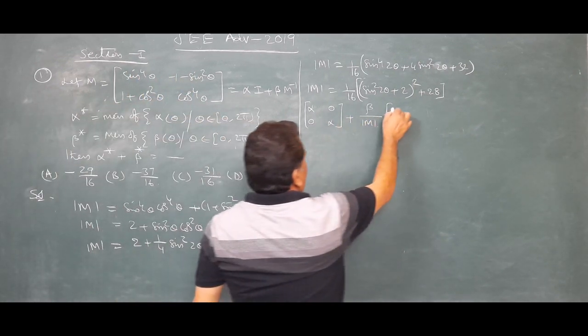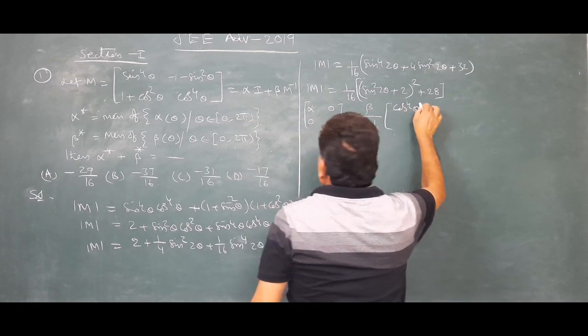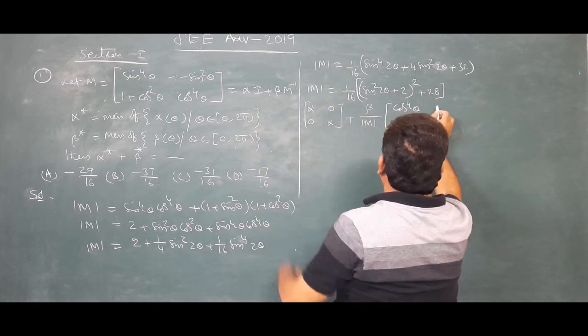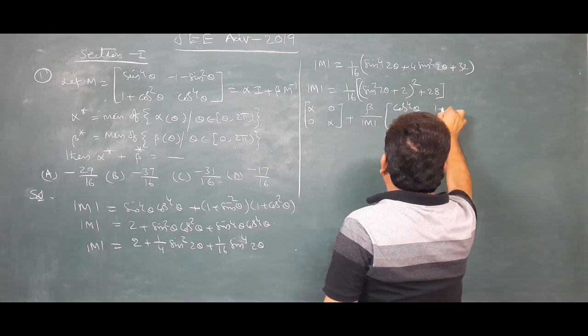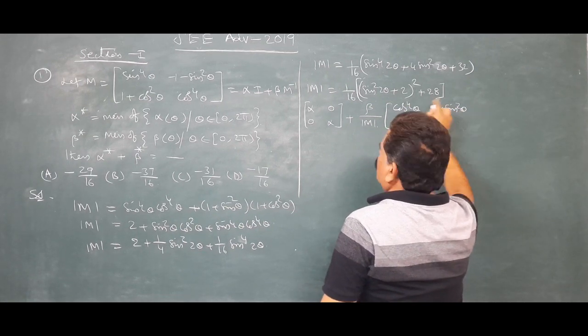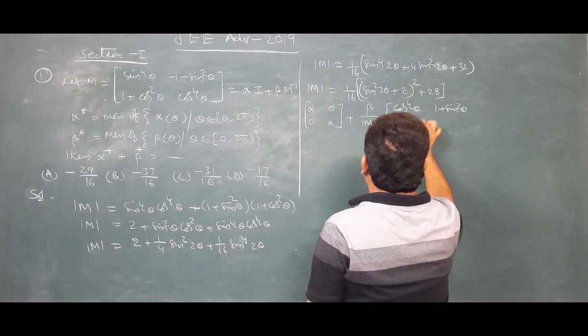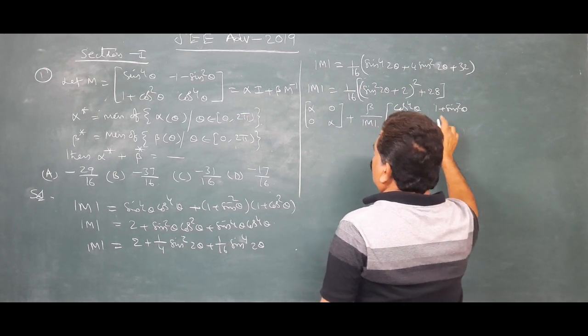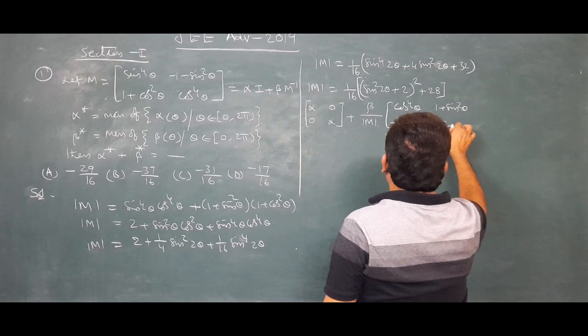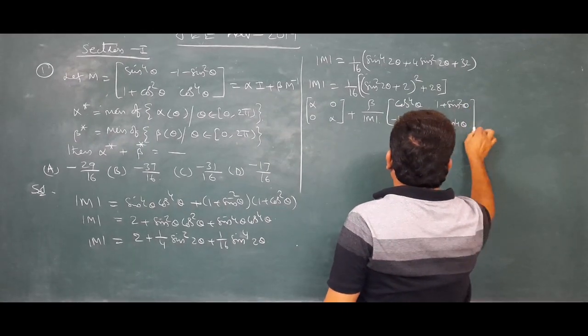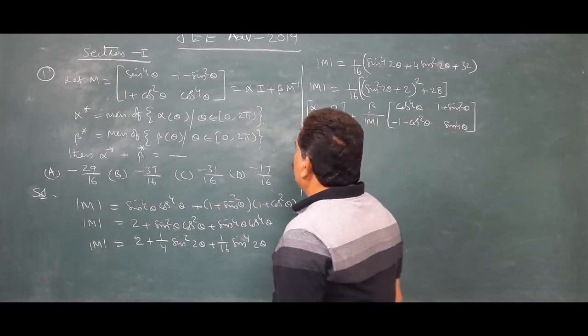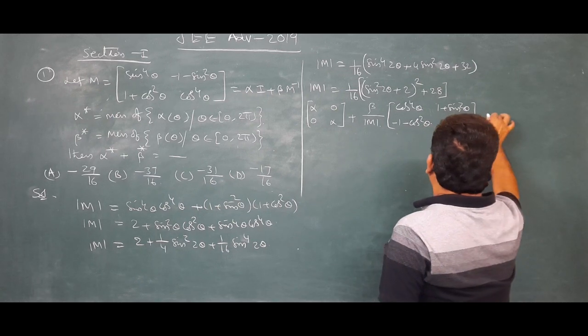That is cos power 4 theta, minus of that is 1 plus sin square theta, this one, minus 1 minus cos square theta, that is sin power 4 theta, equal to M. M means that.